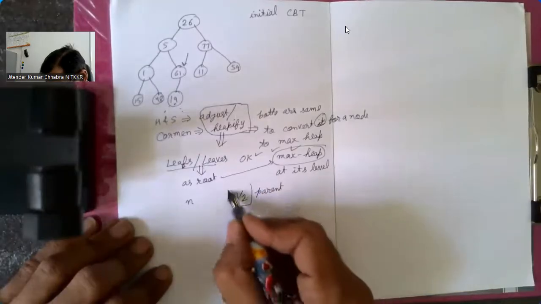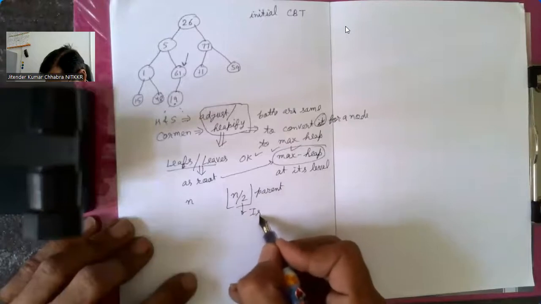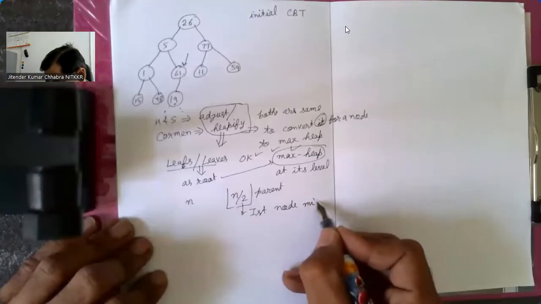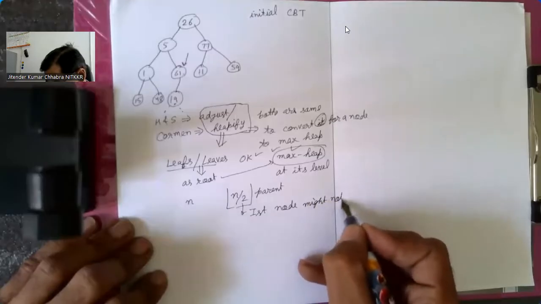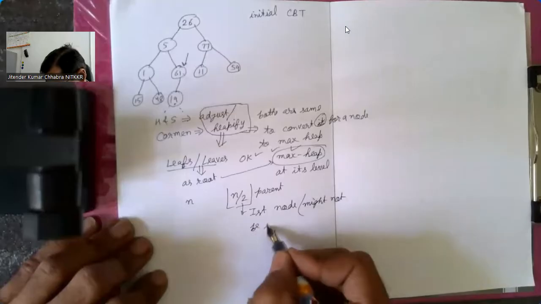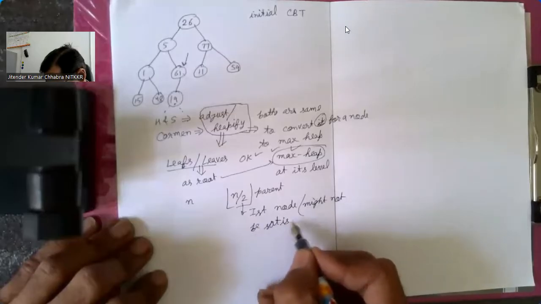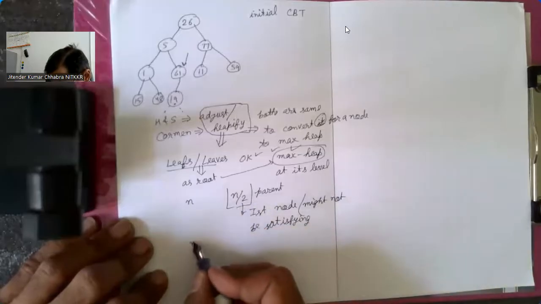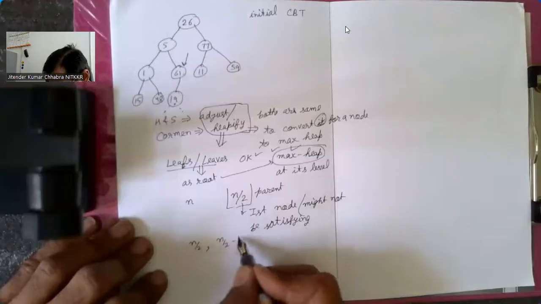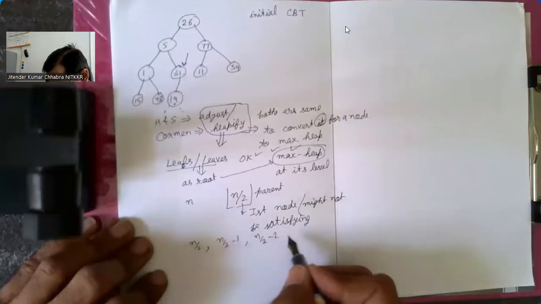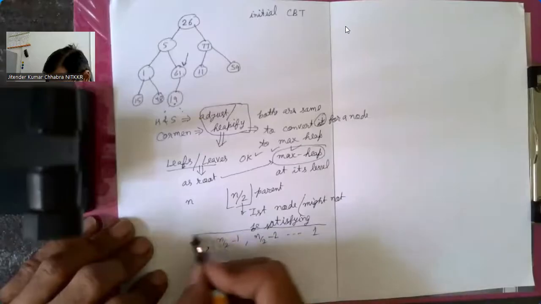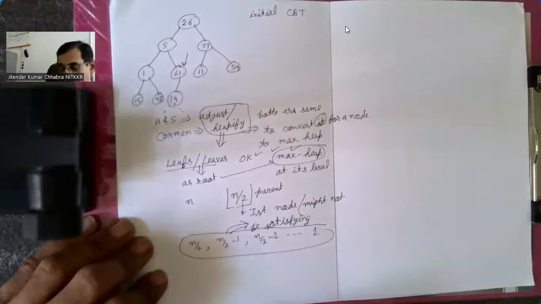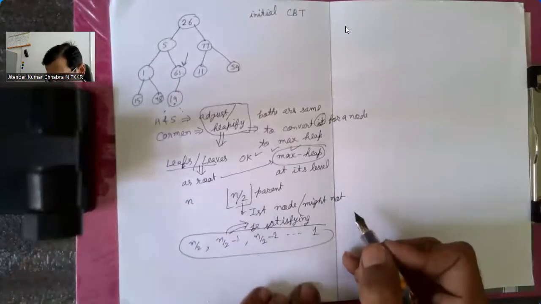So this is the first node which might not satisfy max heap. Then going downwards, n by 2 is one node, n by 2 minus 1 may be another, n by 2 minus 2 may be another, up to 1. These are the nodes which might not be satisfied, and our purpose will be to make them satisfy.